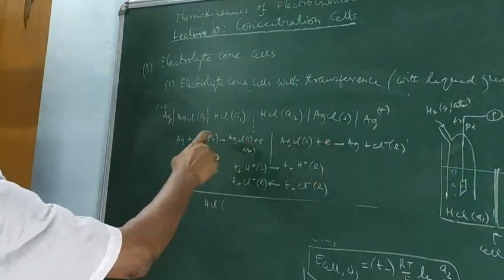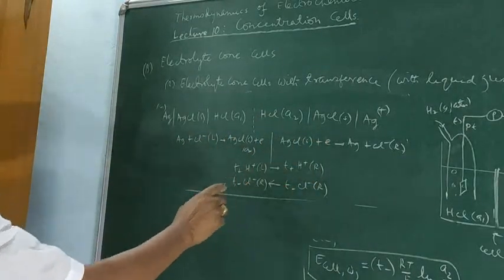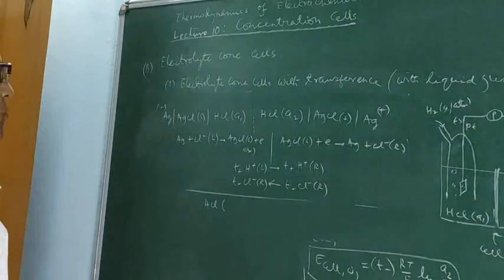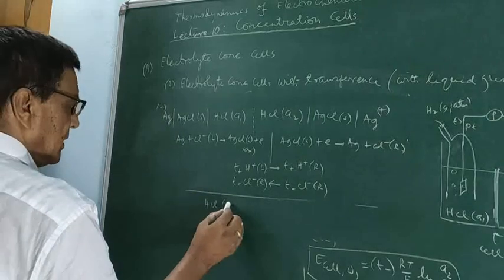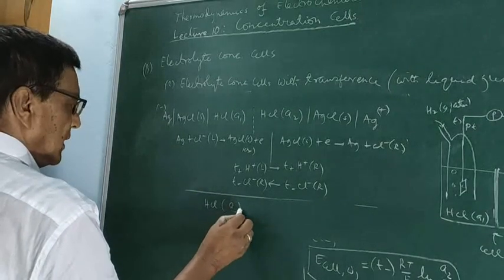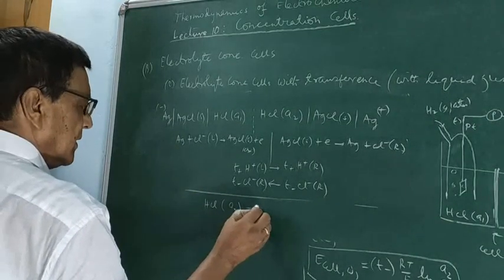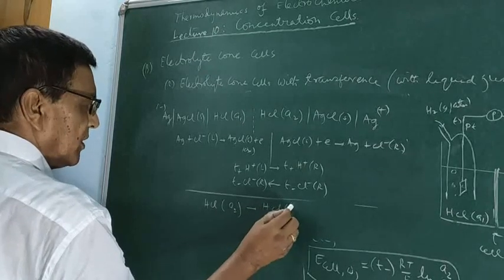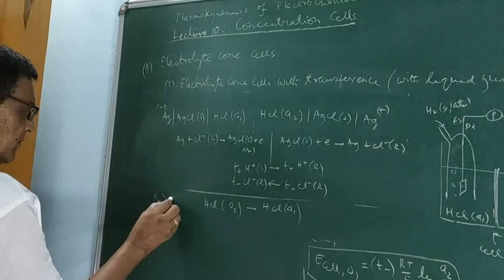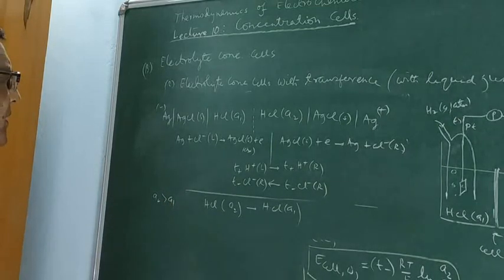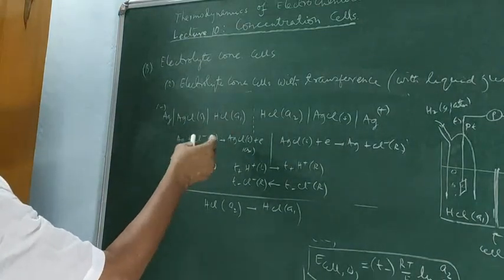Adding these two electrode reactions and the transport through the cell membrane, it will be HCl of A2 going to A1, and A2 must be greater than A1. This can also be shown here.